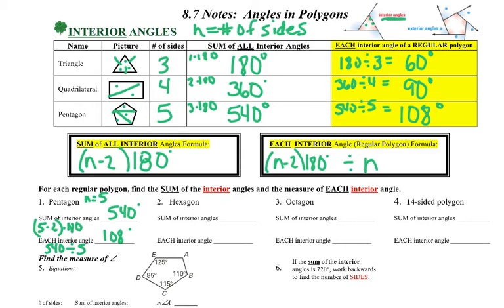If we move on to a hexagon, how many sides are in a hexagon? All right, 6. So we're going to follow suit. 6 minus 2 times 180, which is 4 times 180, which is 720. Then if we take that total and divide it by 6, we get that each interior angle is 120.